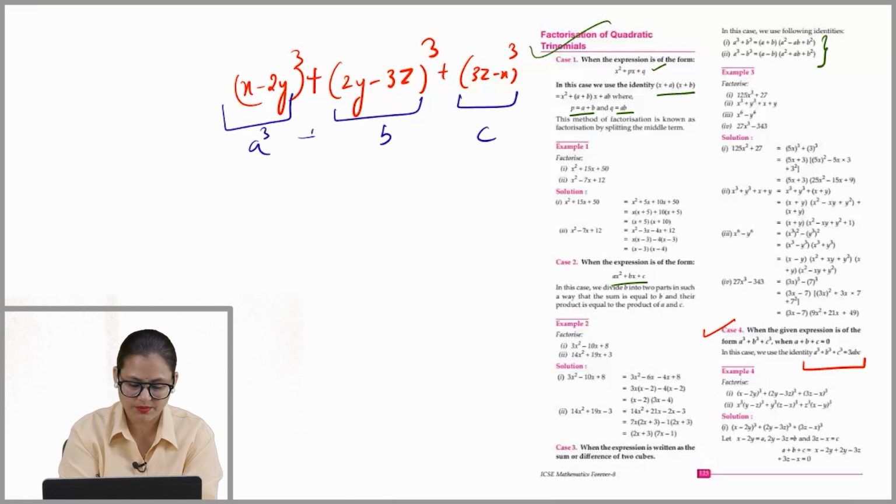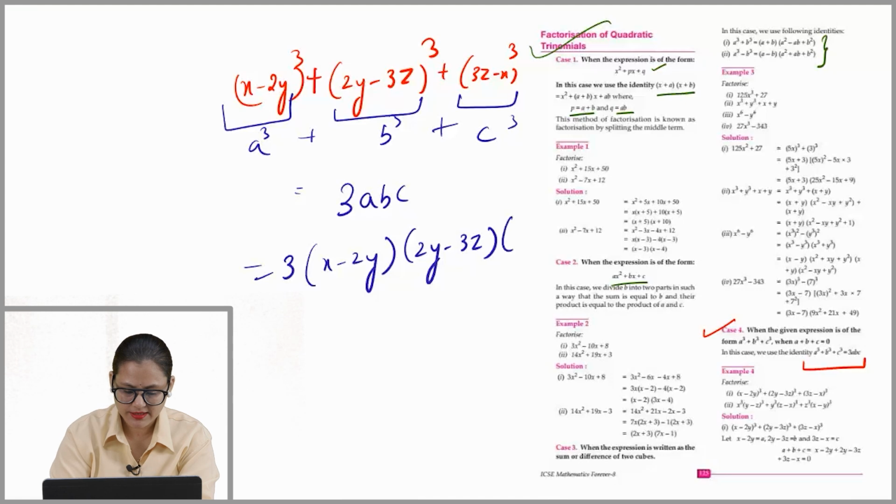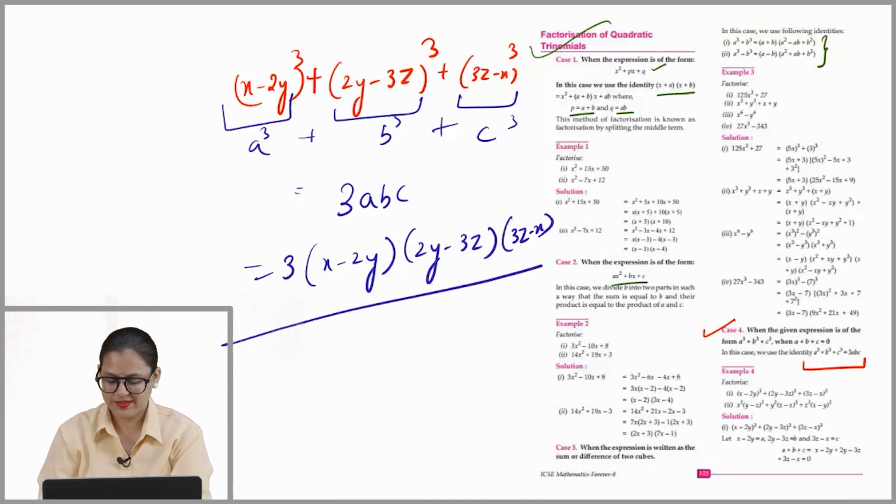So 3abc, where a is x minus 2y, b is 2y minus 3z and c is 3z minus x, right.